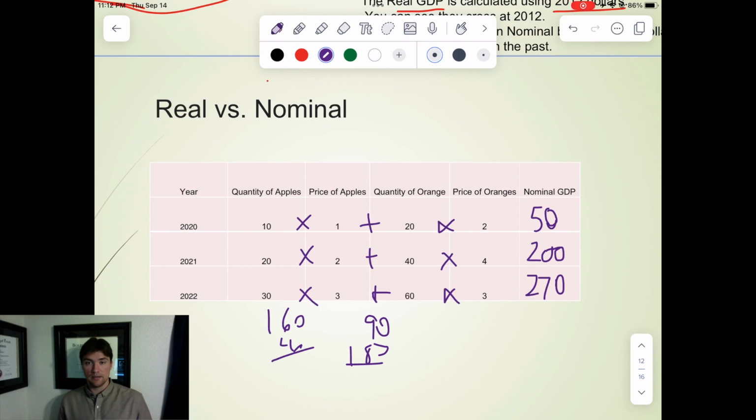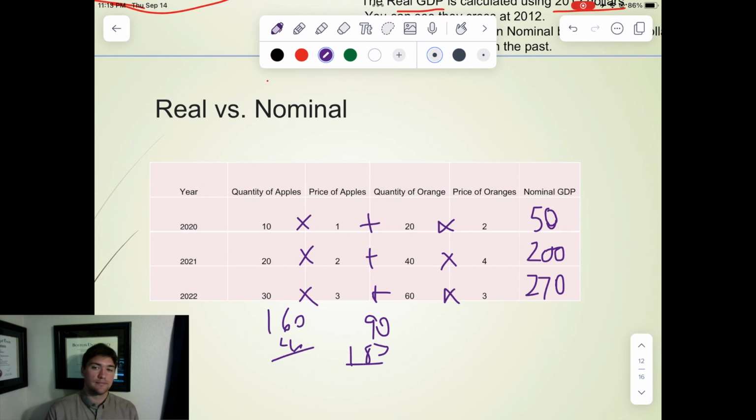So here's the deal. In terms of GDP, did you produce more stuff? Yes, we did. We went from 10 apples to 30 apples, 20 oranges to 60 oranges. We did produce more. However, is it $220 more? Because if we went from 50 to 270, is that extra increase in GDP $220 worth of production?